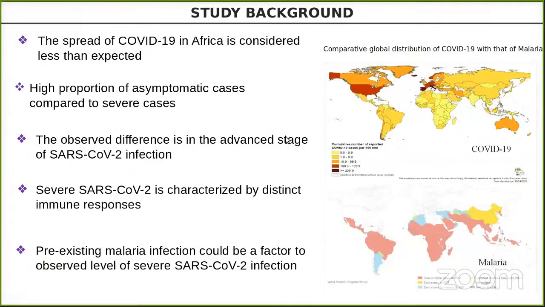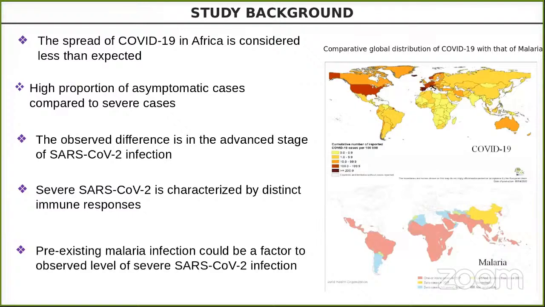So as already said, malaria over the years is characterized by high incidence of the disease in Africa. However, with the emergence of COVID-19 cases, which is caused by SARS-CoV-2, we could see a different trend.